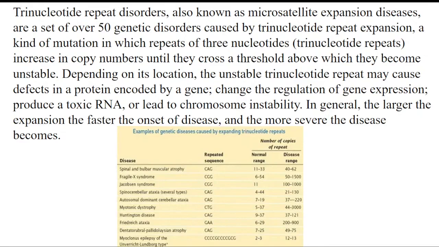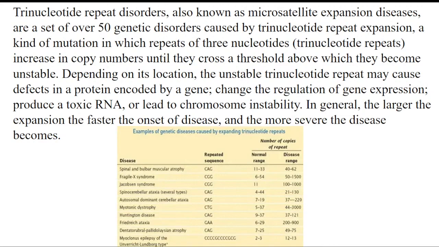Depending on its location, the unstable trinucleotide repeat may cause defects in a protein encoded by a gene, change the regulation of gene expression, produce a toxic RNA, or lead to chromosome instability.